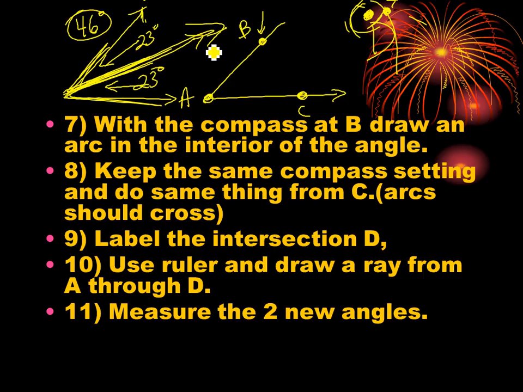Now, if you were way, way off, like if one angle was 20 and one angle was 60, then you did something completely wrong and I'd have to go back to it. But if I look at Robert's here, does that ray look like it splits that angle into two angles that are the same? Yeah. That's sort of what your picture should look like.